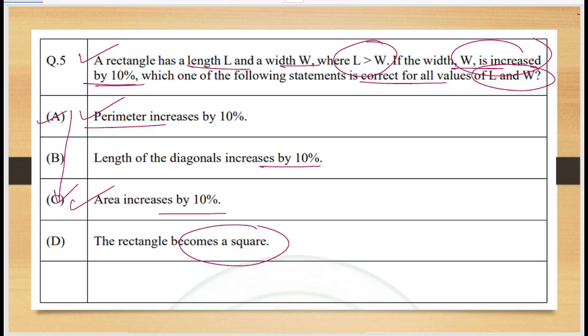So now, first let us check the perimeter part.